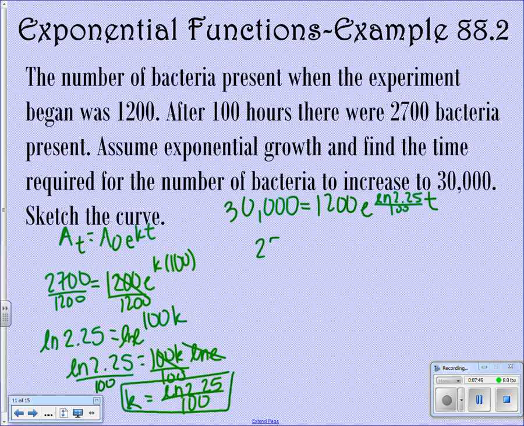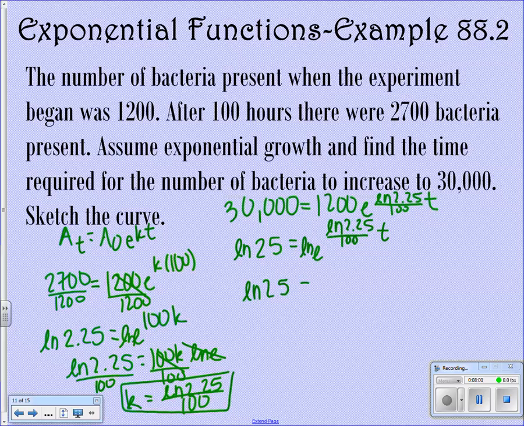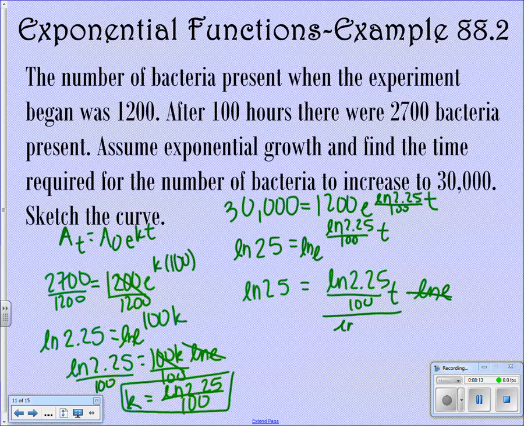And that's going to be 25 equals e to the ln of 2.25 over 100 times t. And so now we can add an ln in front of both sides of our equation. So the ln of 25 equals the ln of 2.25 over 100t times the ln of e, which would go to 1, so that disappears. And so now we're just going to divide by the ln of 2.25 over 100.